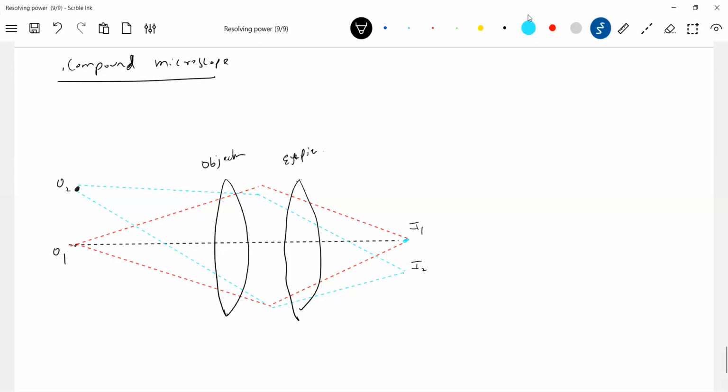Then if it forms only one image, sir, how can two objects, if they're kept, still give one image? Can that happen?